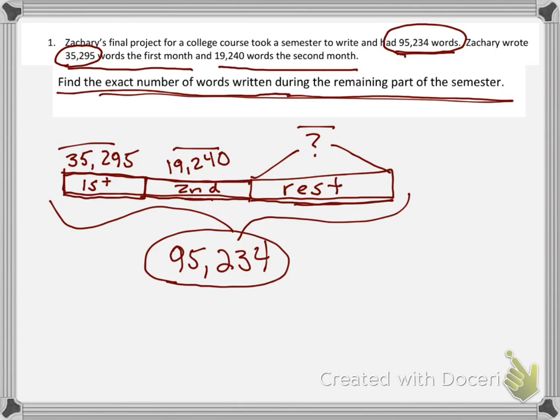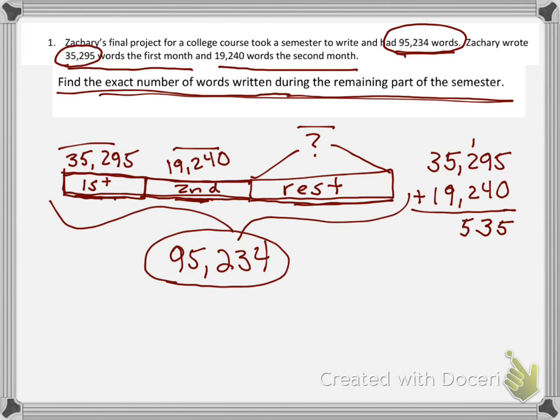We've got to first figure out what the total of these first two parts is, this first month and this second month. So we need to add 35,295 plus 19,240. And we're going to add these up. And in the ones, we have 5 ones. And in the tens, we have 13 tens. Put the 3, carry the 1. 2 plus 2 is 4, plus 1 is 5, the 500.